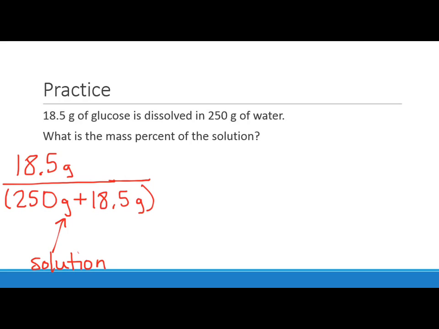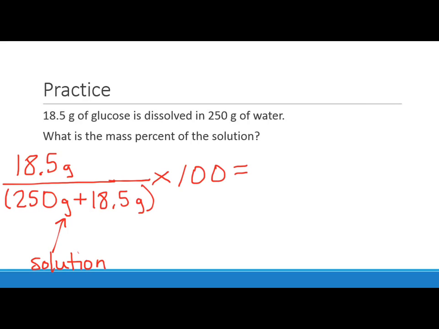All right, multiply this by 100 to make it into a percent, and plug it in. 18.5 divided by parentheses 250 plus 18.5, and then multiply that by 100.